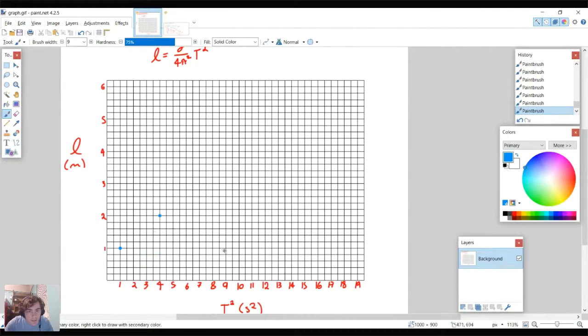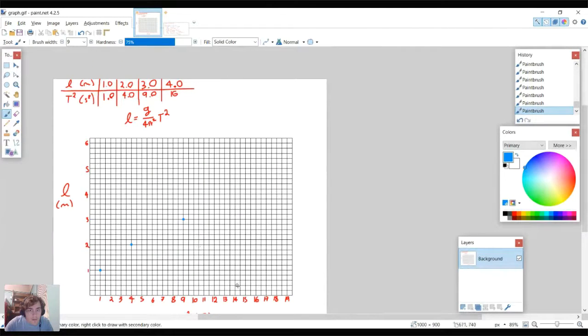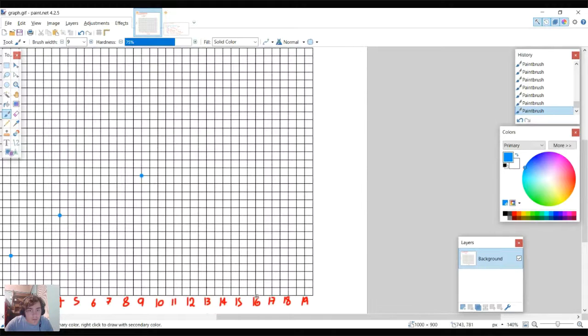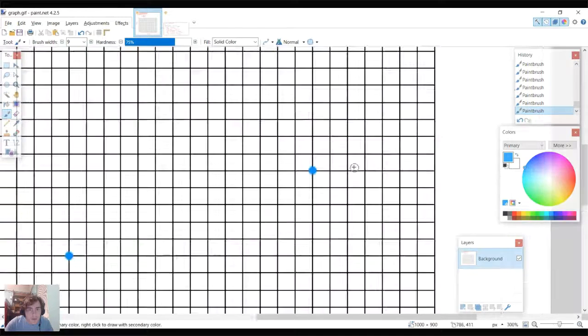And then 9 goes to 3. So we're on 9 right now, and that goes up to 3. And then last one, the 4 goes up to 16. So 16 goes up to 4. There we go.